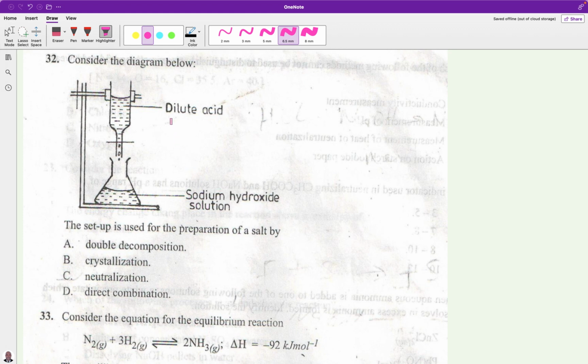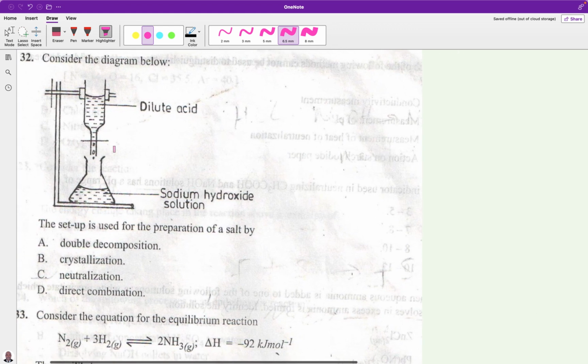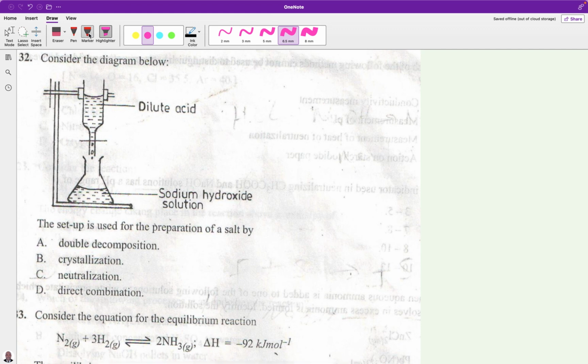When you add dilute acid to this, what will result in this reaction here?